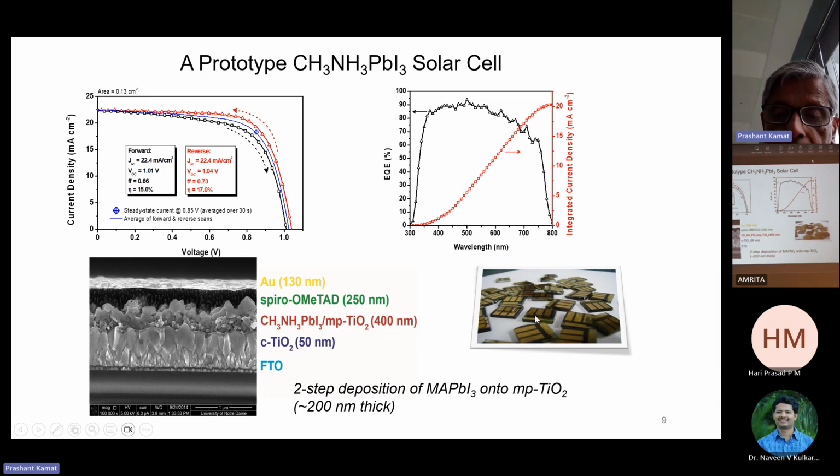And again, you can make these kinds of cells, shown on your right-hand side, for testing purposes. Then you connect them to leads and record what they call current-voltage curves, or you can get the IPCE curves to find out the photon-to-current generation efficiency. So again, this is just to show you what the solar cell looks like.